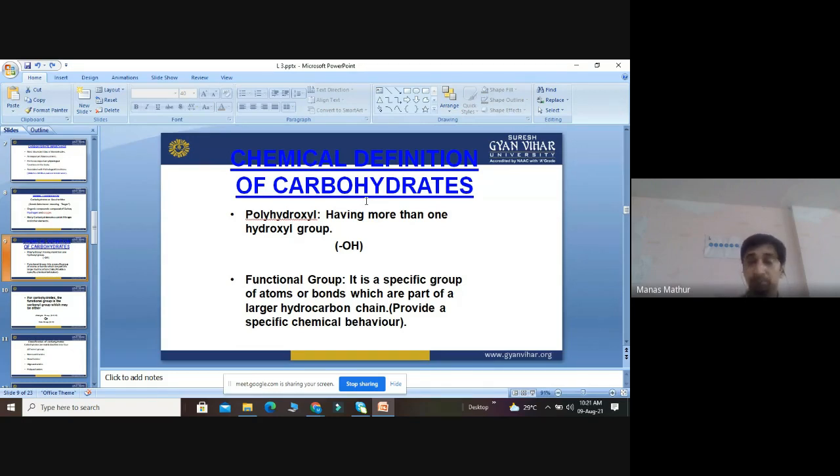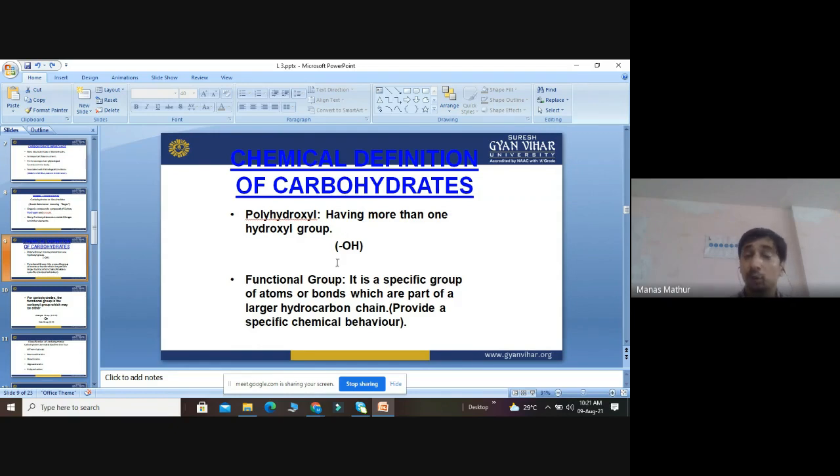Basically they have a functional group called the hydroxyl group. They have polyhydroxyl groups, meaning more than one hydroxyl group, and that hydroxyl group is denoted by OH.